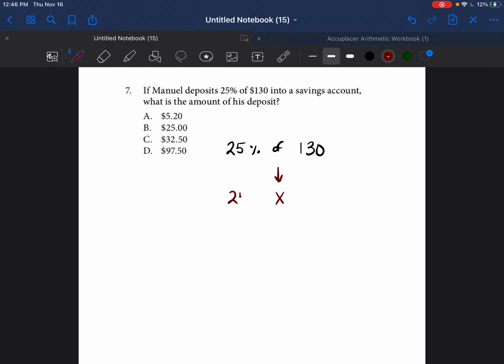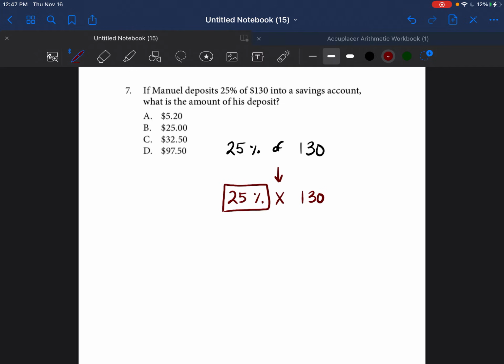So we are going to multiply 25% and 130. You're probably saying, oh my gosh, how do you multiply a percent by a whole number? Well, technically you can't unless you're using a calculator, but there are no calculators being used on this part of the exam.